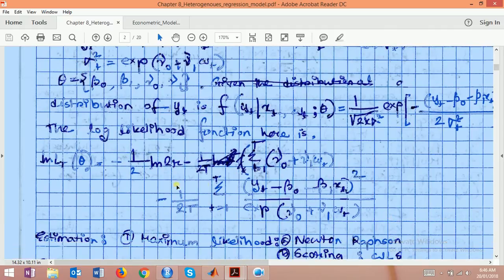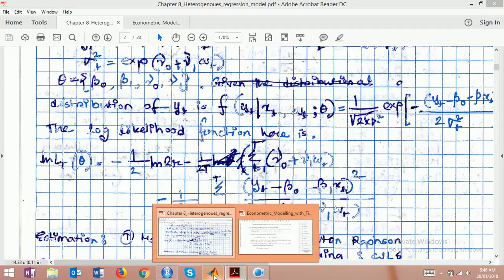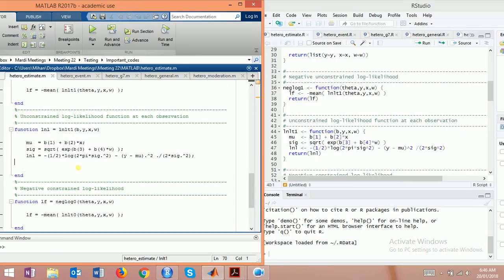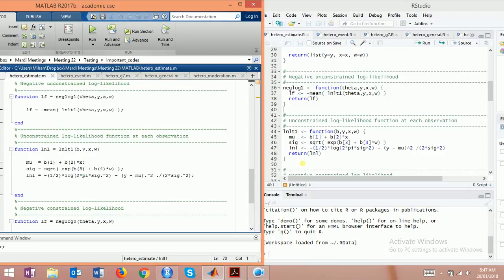Half log twice pi sigma square coming together, and y minus mu whole square divided by 2 sigma square, the regular function. We always do this. So that is the log likelihood function, and the negative log likelihood function is the unconstrained model.